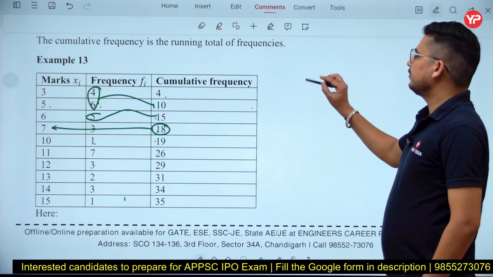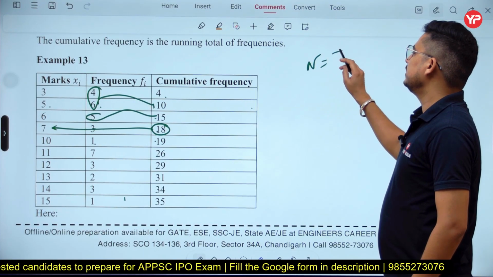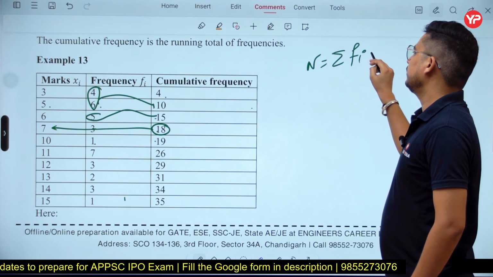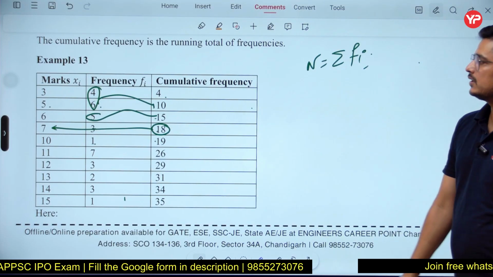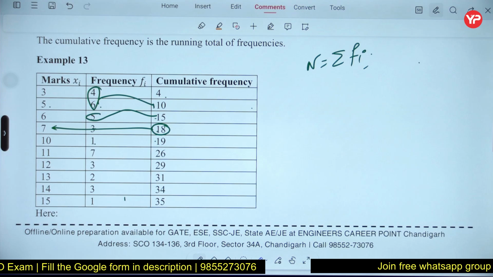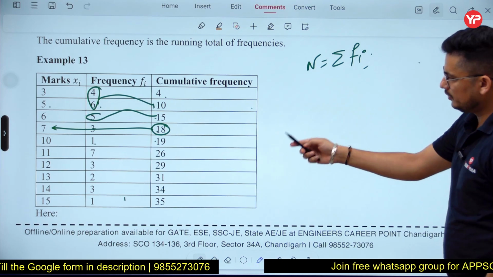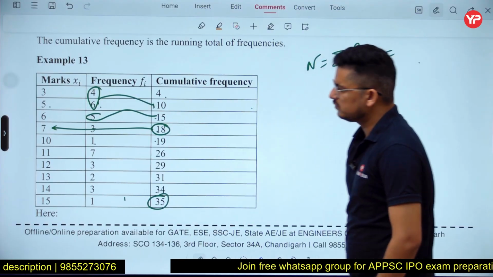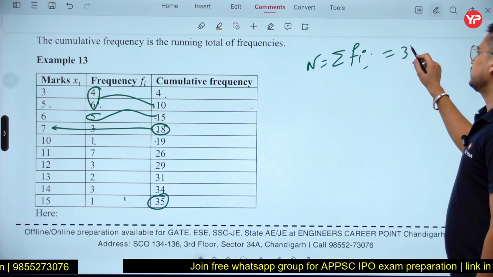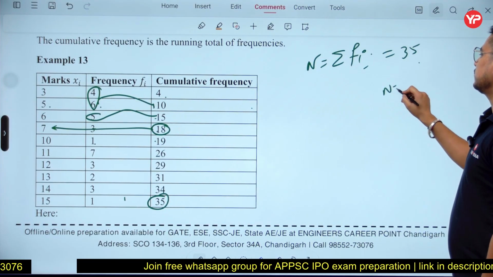After that you have to find n. N is always the summation of fi, the number of observations. So you add them together, 4 plus 6, 10, 10 plus 5, like that. When you add them together, you get 35. So n is 35.